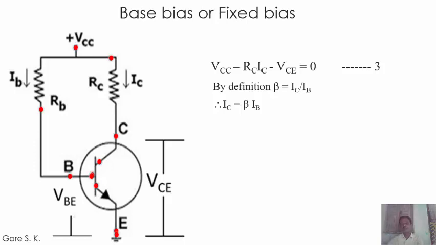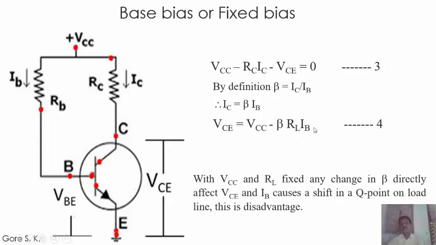Now let us substitute the value of IC in equation number 3. Therefore, VCE is equal to VCC minus beta into RL into IB, equation number 4. Instead of RL, we can say this resistance is RL or RC.